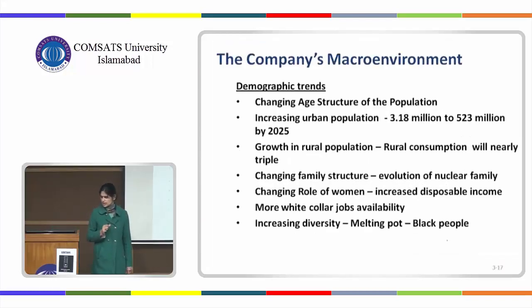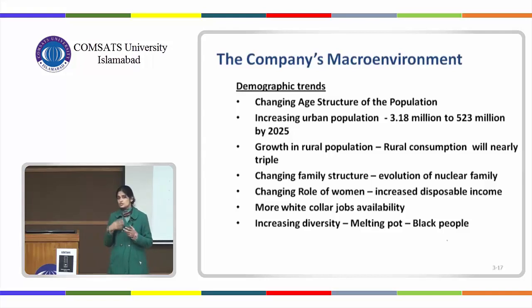Now talking about the changing age structure of the population. Age structure in a market is extremely important. It would tell you what product would have what market share, or what the strength of that market is. For instance, in Pakistan, 40% of the population is below 18 years.